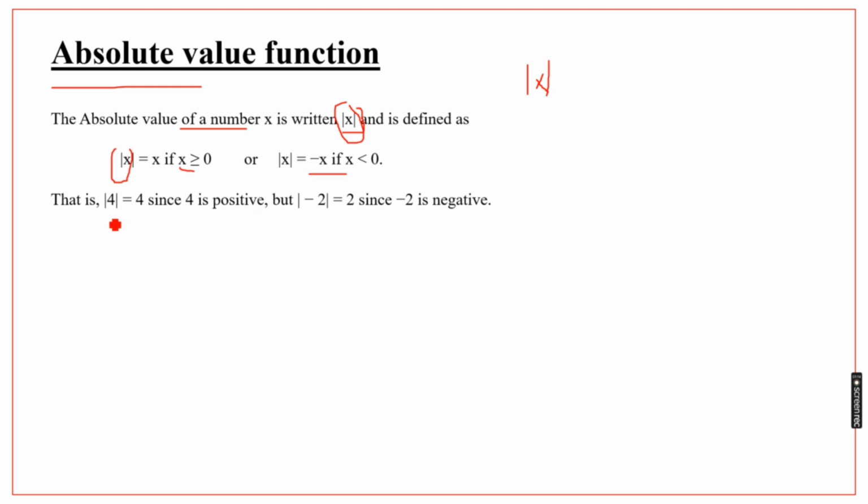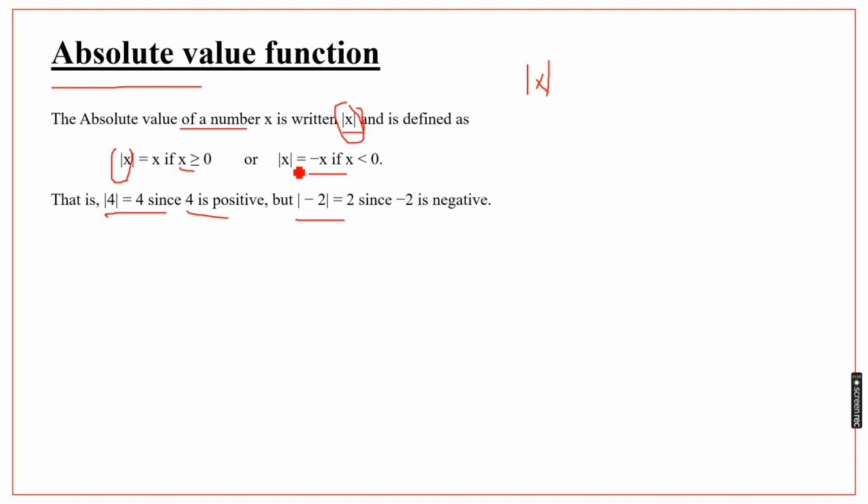That is, the absolute value of 4 equals 4 since 4 is positive, but the absolute value of negative 2 is 2 since negative 2 is negative. It's because, as we see, the absolute value of x equals negative x if x is less than 0, which means this value x is less than 0. It may be negative 1, negative 2, negative 3. So when we move out from the absolute value, it's multiplied by a negative, so it will be positive.